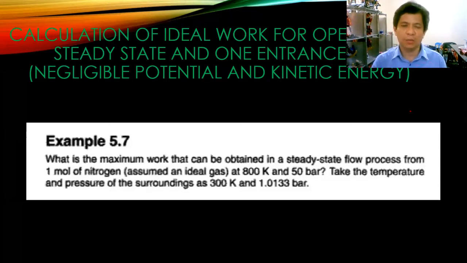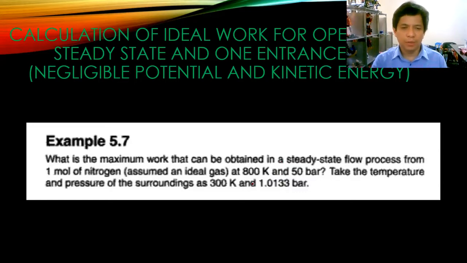So ang gagawin natin, since nitrogen is a diatomic molecule, we're going to use Cp is equal to 7.5 R. So hindi na natin gagamitin yung nasa table. Kasi sa board exam naman, pag ganito yung problem, walang binigay na Cp temperature dependent, ang default nun, gagamitin nyo yung 7.5 R. So gagamitin natin yung 7.5 R na Cp.